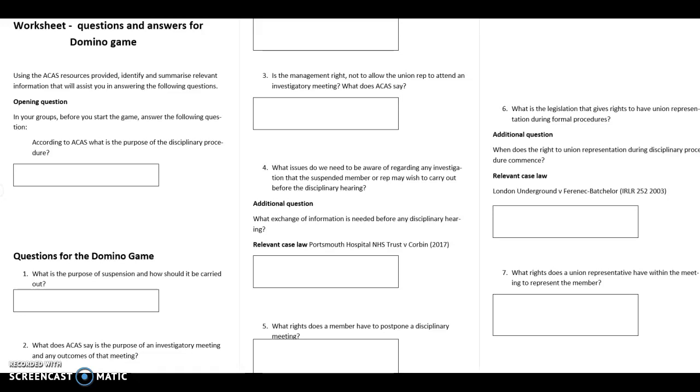And hopefully give you that sense of roundedness in terms of not just knowing the basics and what they mean, but having an understanding of where the law has come from, or how the courts have interpreted some of the detail that's contained within the code of practice.